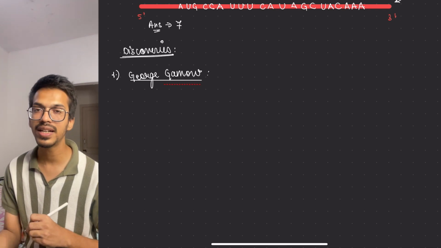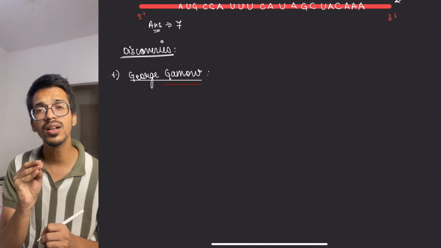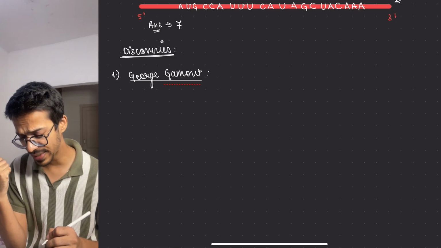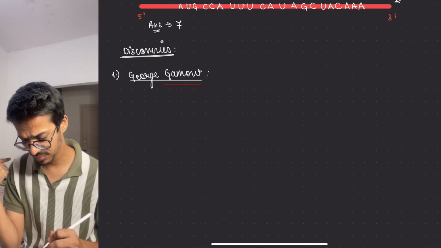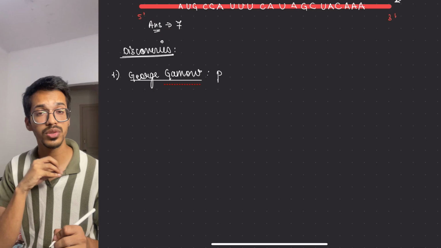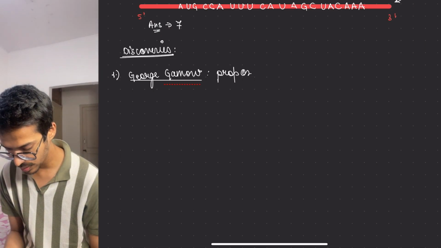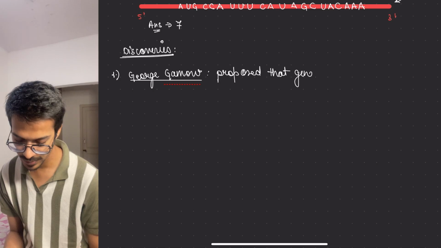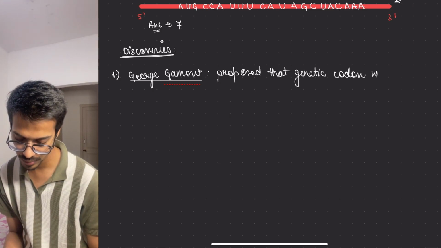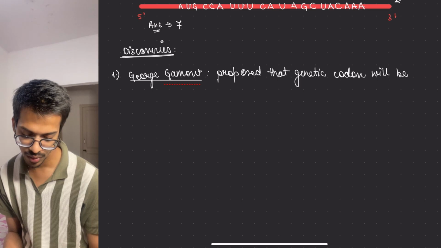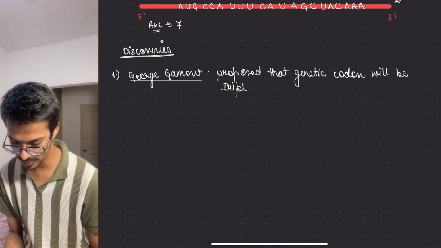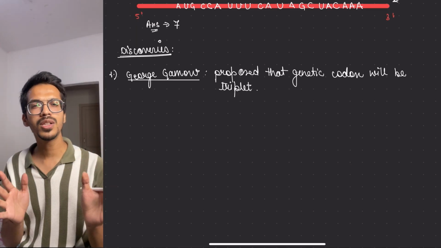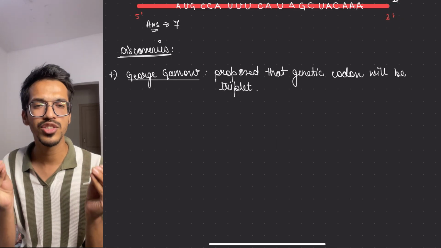He proposed that the genetic codon will be a triplet. Now the major question is how it is a triplet.